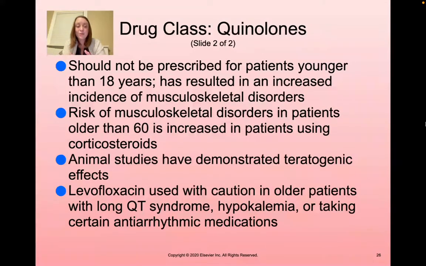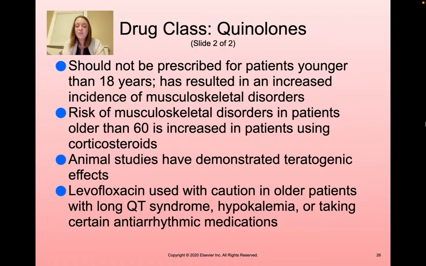Some things to keep in mind with quinolones. They absolutely should not be prescribed for patients younger than 18 years of age. Doing so has resulted in increased incidence of musculoskeletal disorders for those patients. This risk of musculoskeletal disorders also goes up in patients older than 60 that are using corticosteroids. So we need to avoid extremes in either end of the age spectrum.